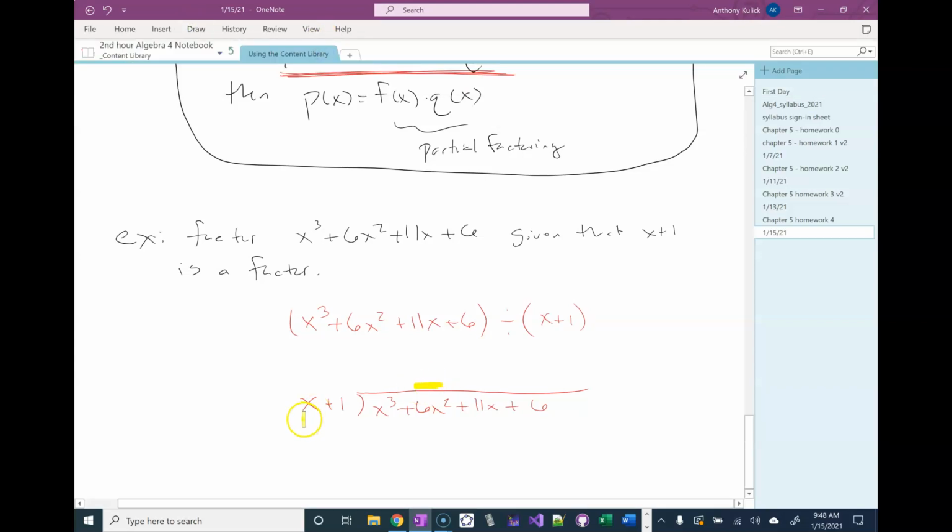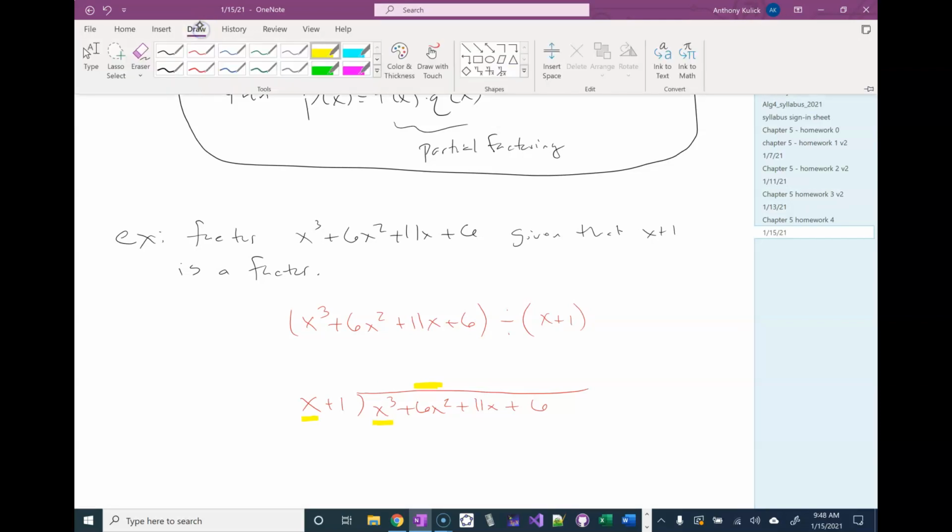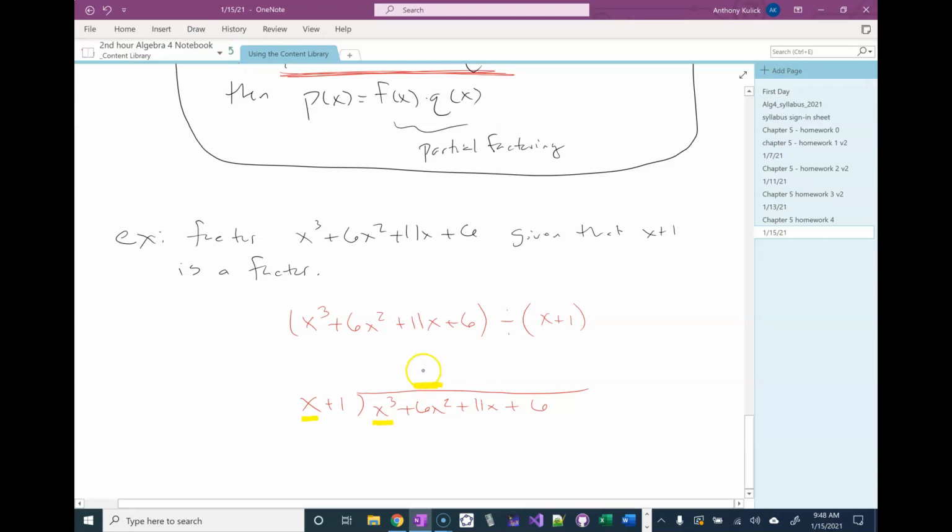In our first question, we ask how many times does x go into x cubed? Or what times x gives me x cubed? You can think about it either way. The answer to that question is x squared. So then I multiply that to both pieces and subtract down.